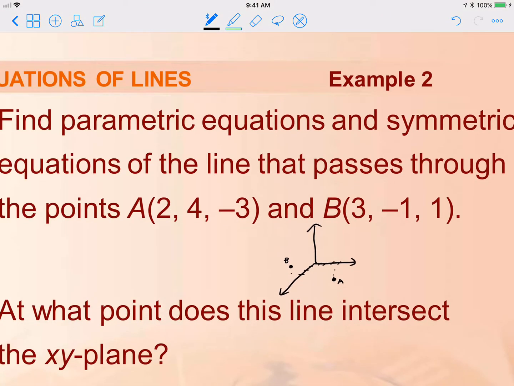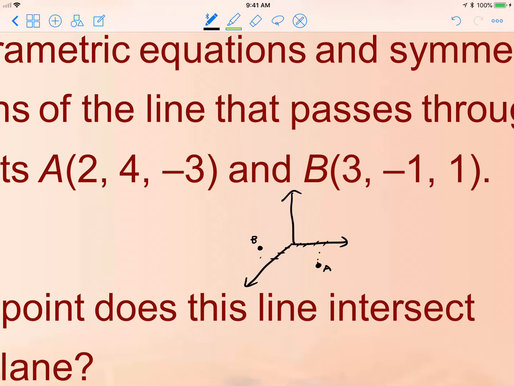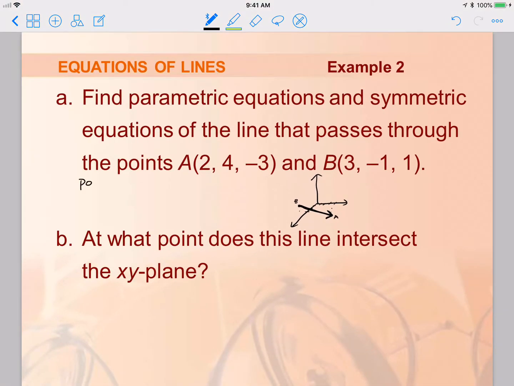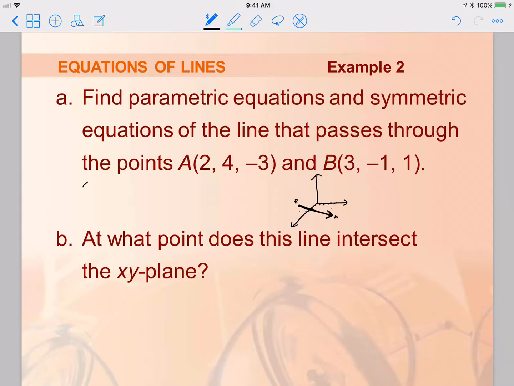Now remember, what do we need for the equation of a line? We need a point, and we need a direction. To get our direction, we can look at this displacement vector. We can have our point, or our position vector, we can call it that. The position vector can be 2, 4, negative 3.